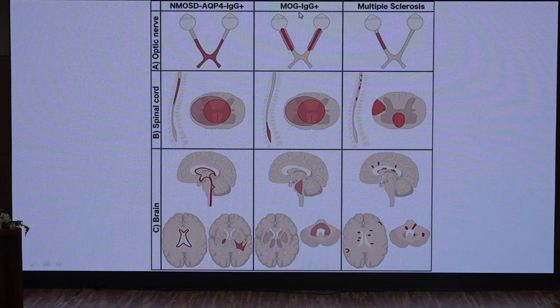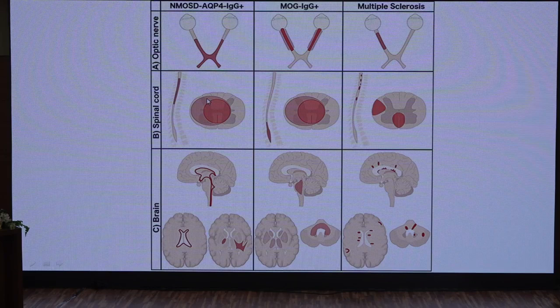Coming to the MOG associated antibody disease, this is also a long length involvement. It involves the optic nerve bilaterally. There is perineural enhancement, as you can see, and it involves the anterior optic nerve, not the posterior one. In multiple sclerosis, this basically affects the anterior optic nerve, but it is short length and it is mostly unilateral as compared to NMOSD and MOG.